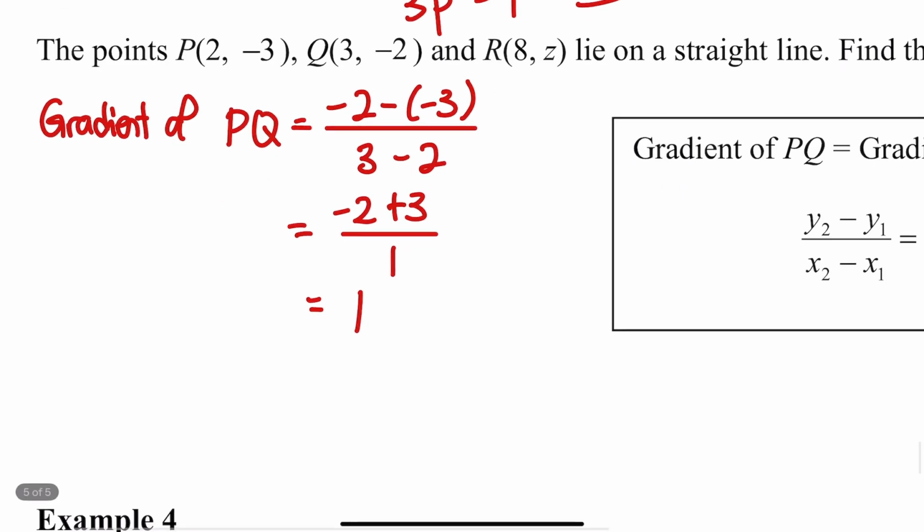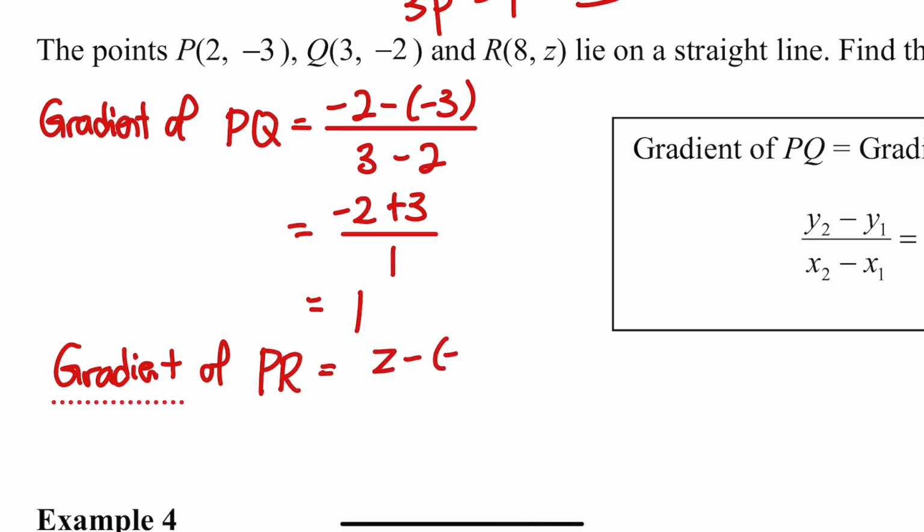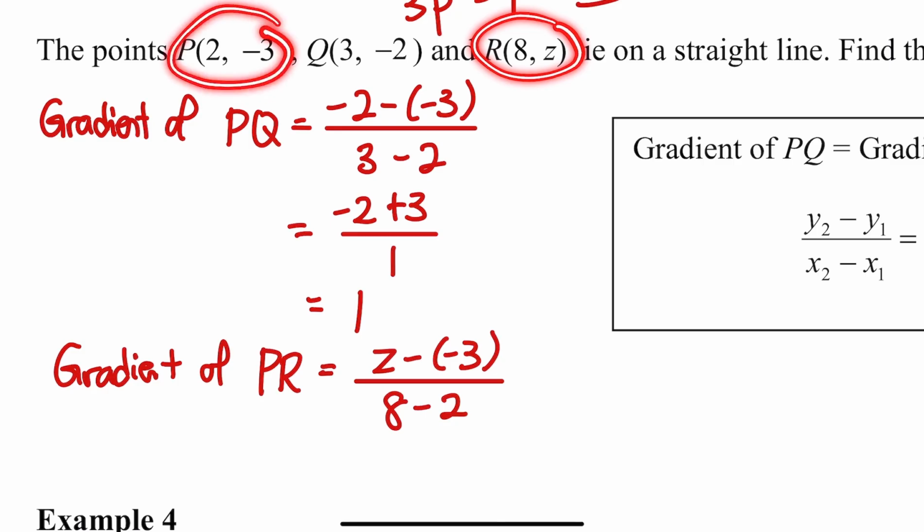Now let's make use of this unknown point. I can write that the gradient of PR is equal to z minus negative 3 over 8 minus 2. I'm looking at these two coordinates now: y2 minus y1 is z minus negative 3, over 8 minus 2.